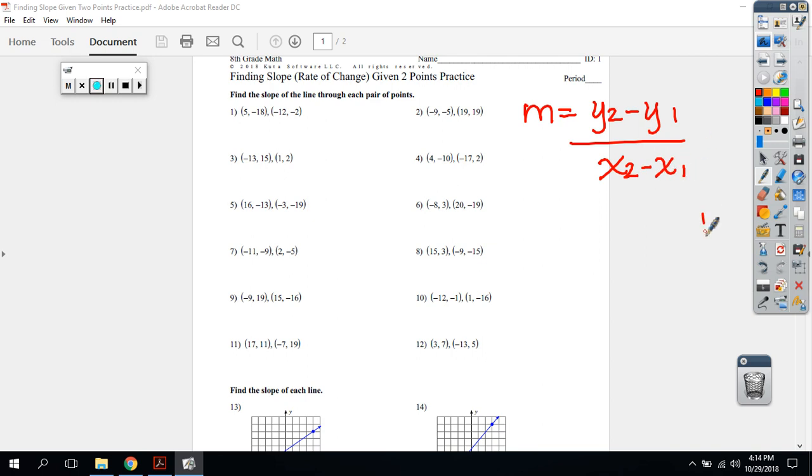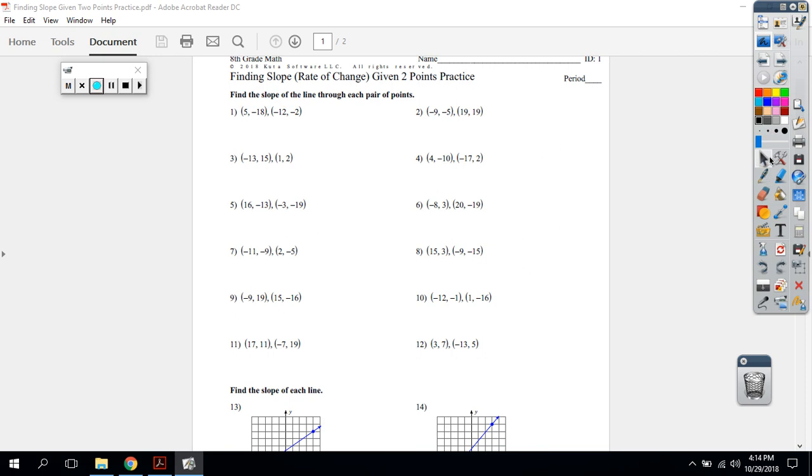I suggest writing that on your paper now so that you remember that for 1 through 12, you're going to be using this formula. And you always want to label your x1, your y1, your x2, and then your y2 on your points so that you don't forget. Okay? All right. Any questions about the top part? That's just the formula. All right. We're almost done. Give me just a second.